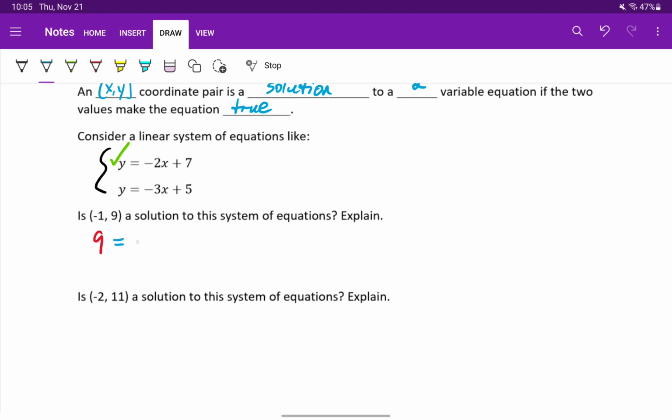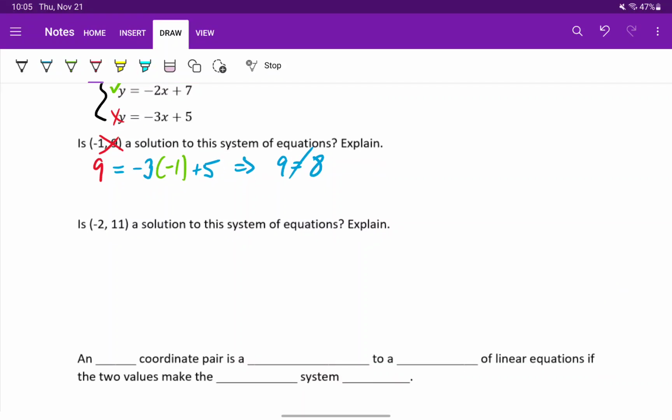That means we'll have 9 is equal to negative 3 times our x value of negative 1 plus 5, which will give us 9 is equal to 5 plus 3, or 8, which is clearly not true. So no, negative 1, 9 is not a solution to both of these equations, because it fails the second equation.